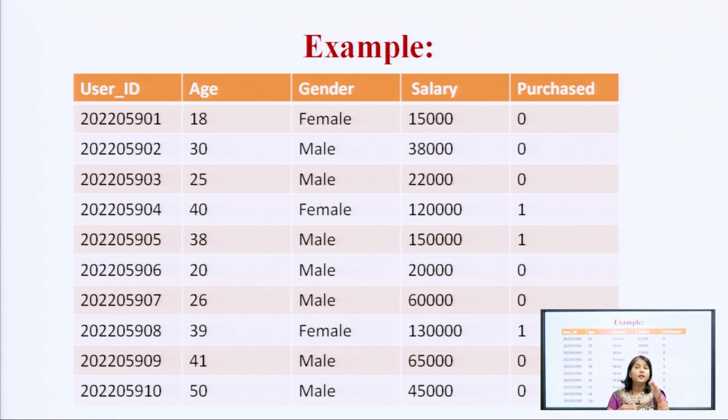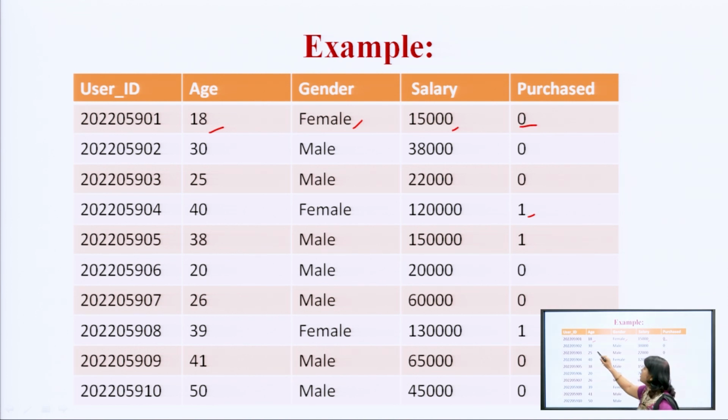In the previous example you learned many factors by which you can decide. Here, in logistic regression, you have to give your answer in a yes or no manner only: whether he will purchase or not. If this particular data set is provided, then consider: if the person is age 18, with some salary, female or male, he cannot purchase the car.